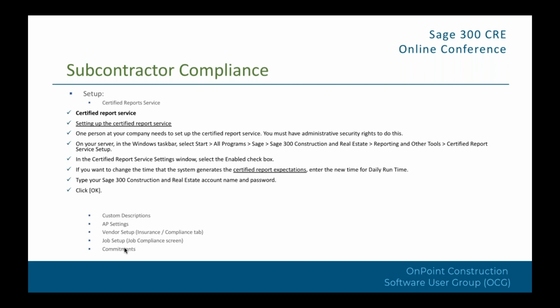Then under the job setup, there is a job compliance screen where we tell it what we want it to do for this particular job. And then we'll go in to set up a commitment and show you what little tabs are in that commitment that deal with the compliance.